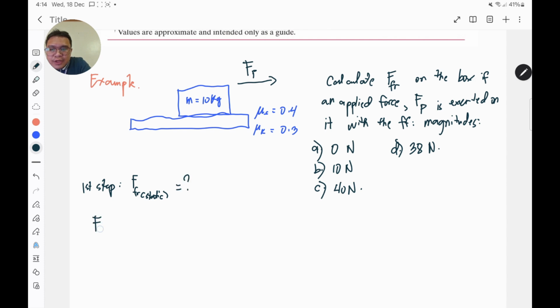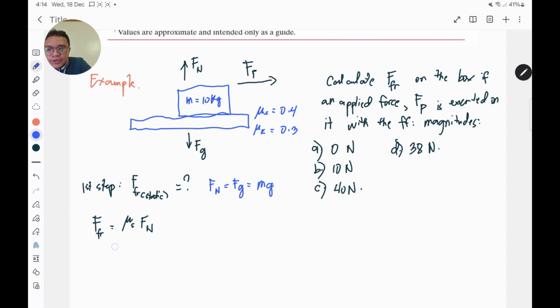So that means Fr is equal to the mu of our static friction times the normal force. And we know that our normal force is equivalent to our force of gravity here. Because our force of gravity, as I mentioned a while ago, is just equal to the weight of the object, which is m times g, and we calculated this a while ago.